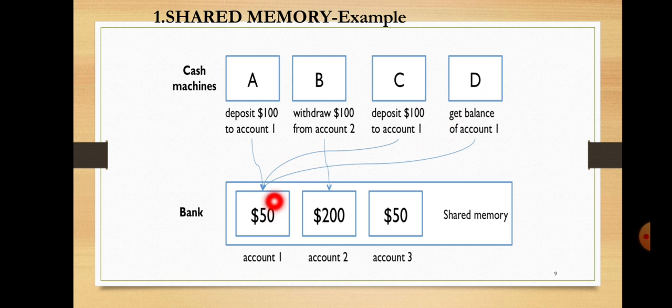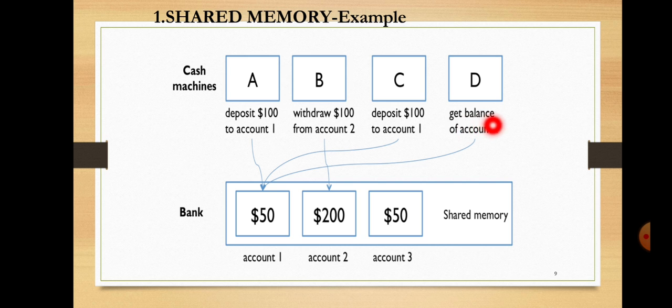Consider there are 3 accounts: account 1, account 2, account 3. Say A is depositing 100 to account A. Then at the same time C deposits 100 to account 1.